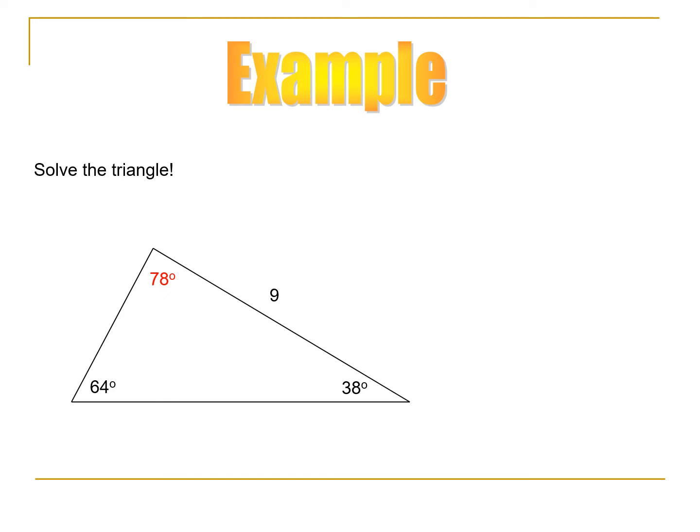Now let's find the missing sides. There are two missing sides. Let's find this missing side first. We'll call it x, lowercase x, just because it's a side. Let's set up the law of sines.